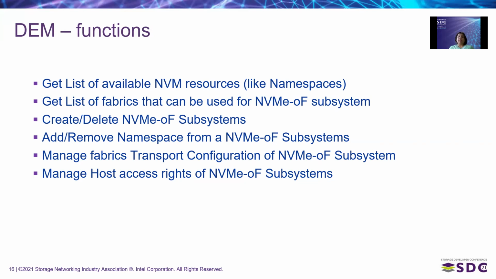And followed by configuring a subsystem that can be accessed remotely, and adding these storage resources like namespaces to this subsystem. Managing the transport configuration involves configuring one of the many available fabric transports to be associated with this subsystem.